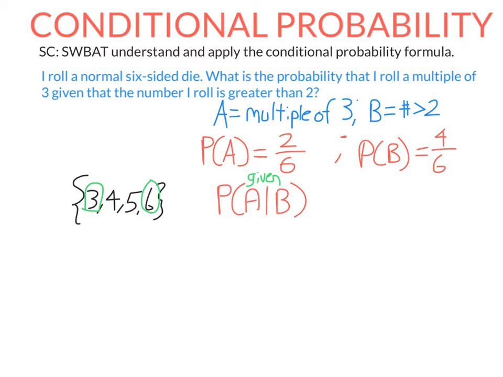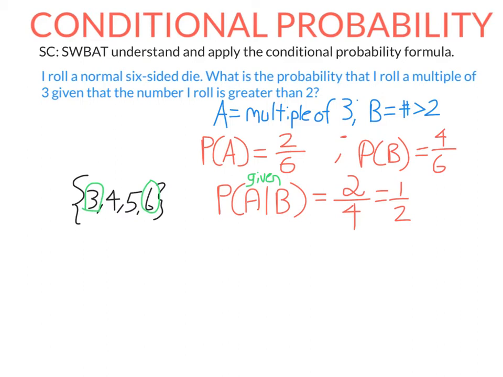So the probability of A given B: there are 2 ways that I can roll a multiple of 3, but there are only 4 choices in total. So 2 over 4 is, of course, a half. If I roll a normal die, the probability I get a multiple of 3 is only 1/3. But if I tell you that the number's greater than 2, the probability increases to a half. Knowing that the number was greater than 2 increased the chances that this would happen.